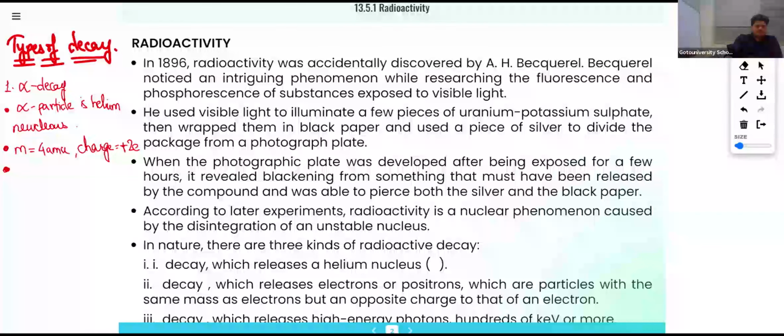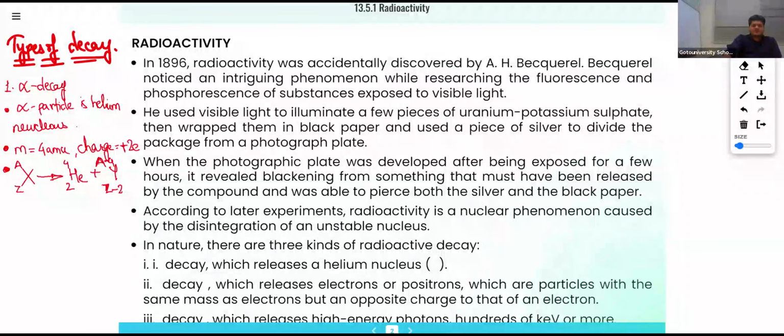Third thing, take an element with mass number A and atomic number Z. From this, if helium is released, helium is 4 and 2, then we will be left with only the daughter nucleus, and that daughter nucleus will be A minus 4 and Z minus 2.